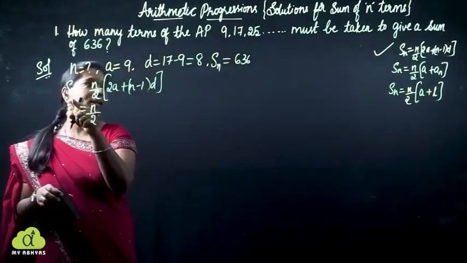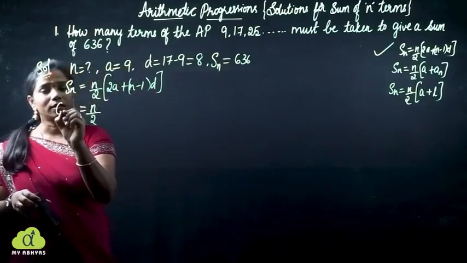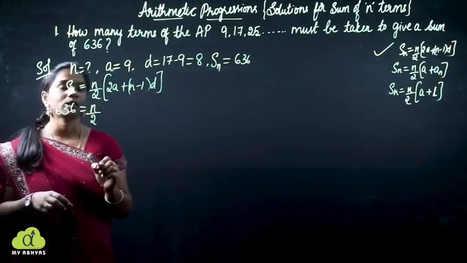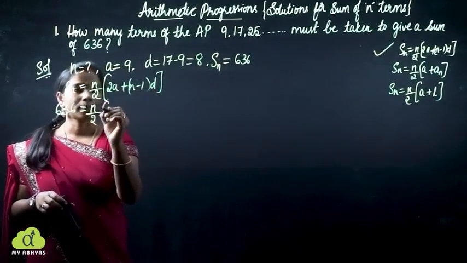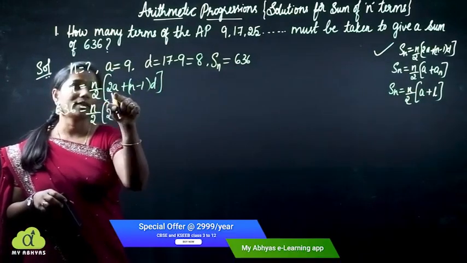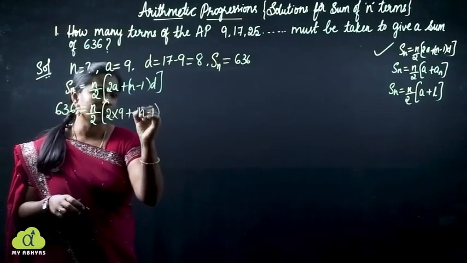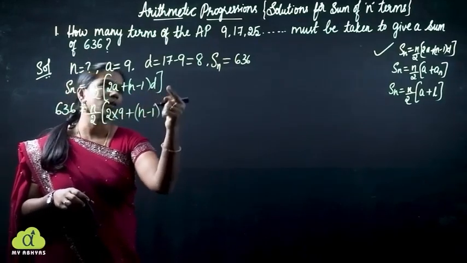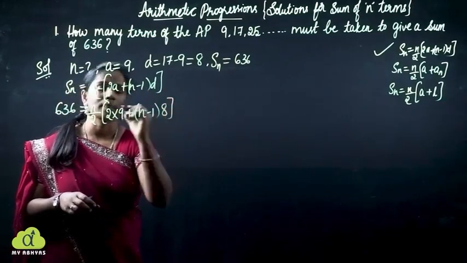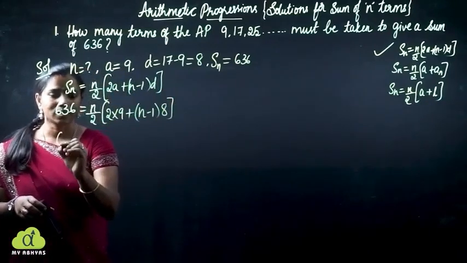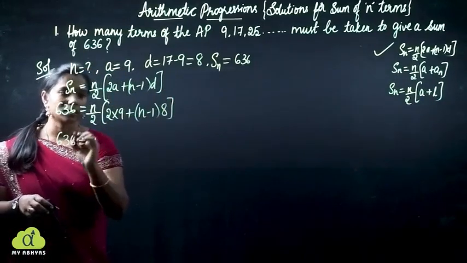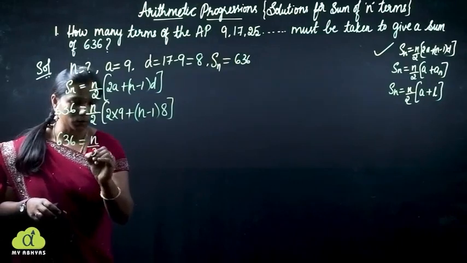So what is the value of Sn? Sn is 636. And here, 2 as it is, the a value is 9, plus n minus 1, the d value is 8. Now simplify. 636 is equal to n by 2.